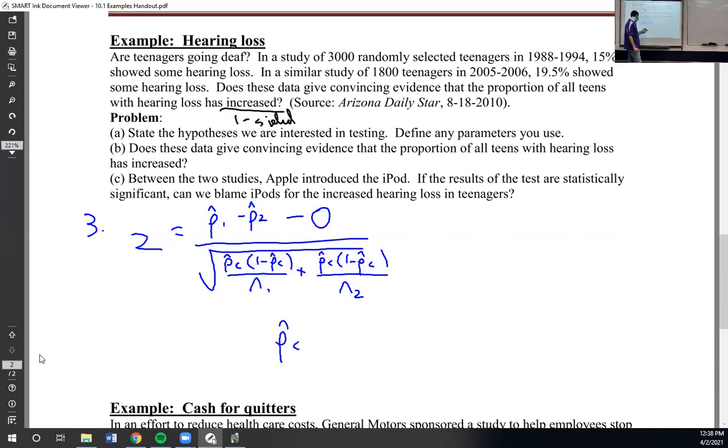That p hat sub c is, remember, treating these separate samples as one big sample. If these really are the same, then we can treat it as one big sample. Combined between the two samples, there were 4,800.